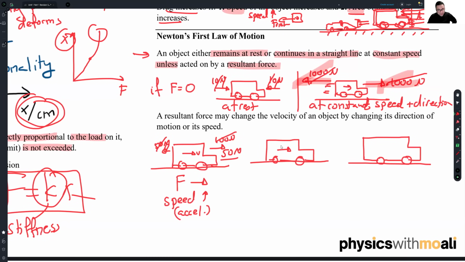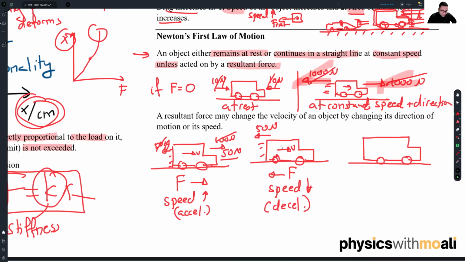Let's say the same car is moving to the right, but then you press the brakes. So now there's a 50 Newton force backwards. You're still moving forward, but the force is backwards. You don't just suddenly go back. You still move to the right, but the speed decreases until you stop. You decelerate.